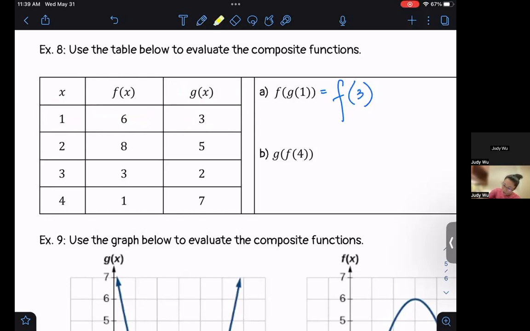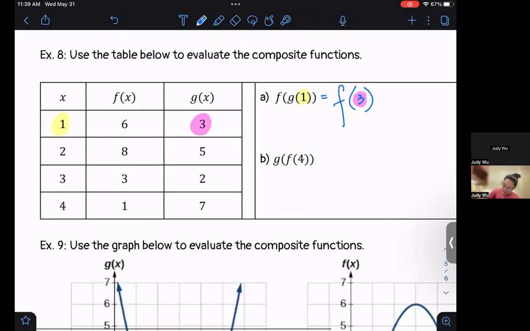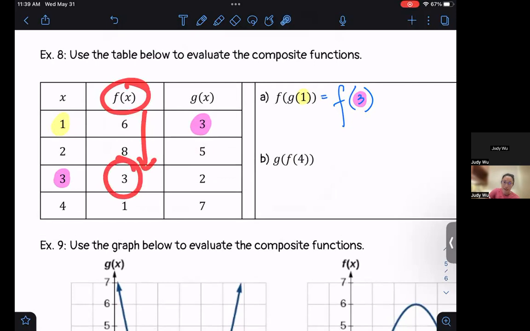When I put the 1 in here, the output was 3, and that's what I'm going to put into the f function. So I look for 3 in the f column, and that gives me a final answer of 3. So f of 3 is 3. That also means that f of g of 1 is 3. These are really just two-step problems.